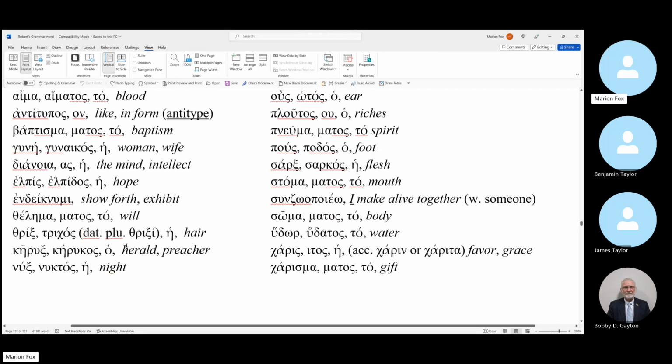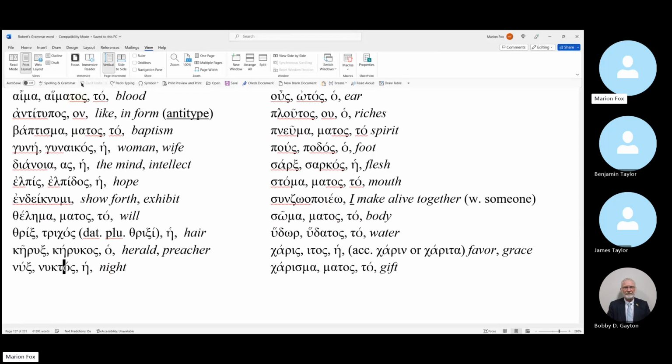It's going to herald out the message for the ruler, usually for some ruler. Nux, night, nuktos. And so the kappa, there's your stem right there. The kappa and the tau go together and they become a xi.